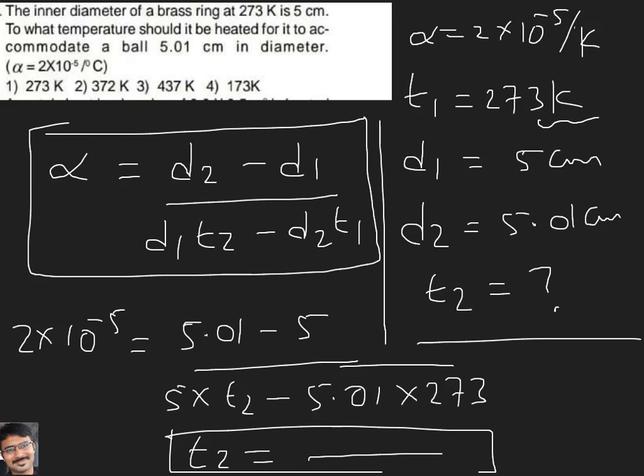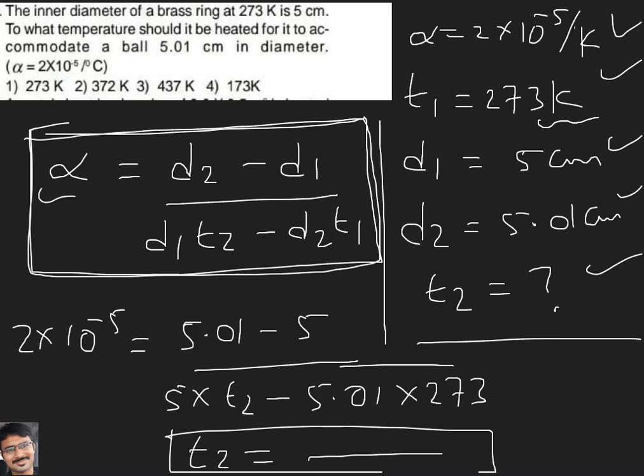What I did here, I took alpha, T1, D1, D2 and T2. D1, D2 are diameters. So what is the alpha formula when diameters are given? (D2 minus D1) by (D1 times (T2 minus T1)).